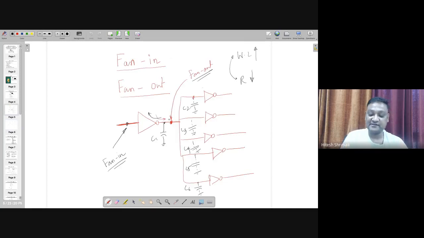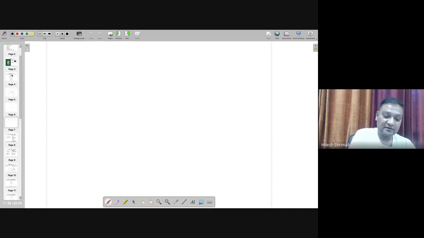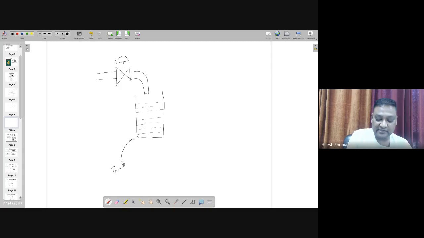If you understand this, look, assume that I have a valve and there is a small tank. I fill it up, no problem. Notably, this is the analogy where the tank is nothing but a capacitor, whereas the height is the potential or the voltage.